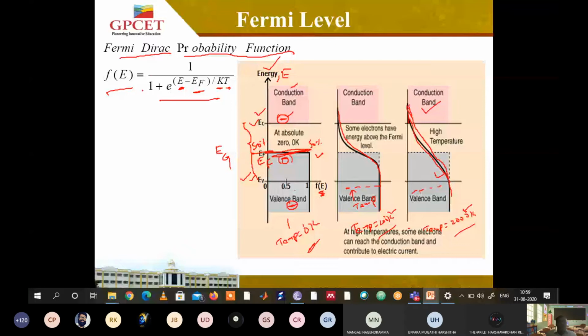This is the formula we use to find at what level an electron is present while it is jumping from valence band to conduction band. We can find it using this probability density function. So this is about the Fermi level.